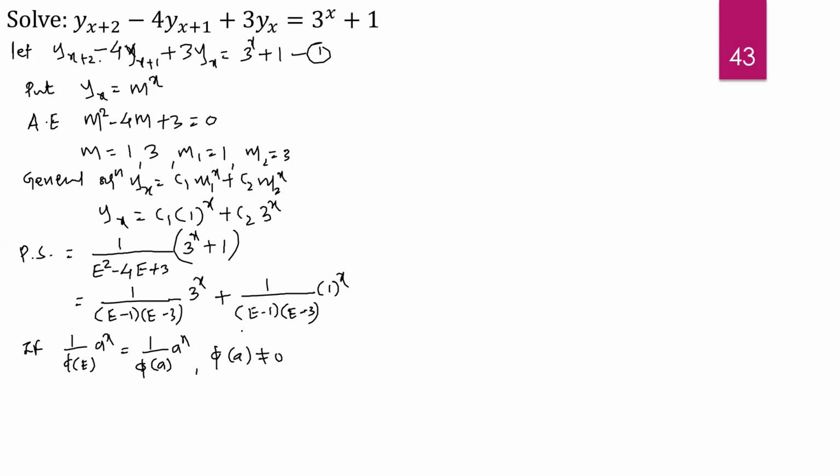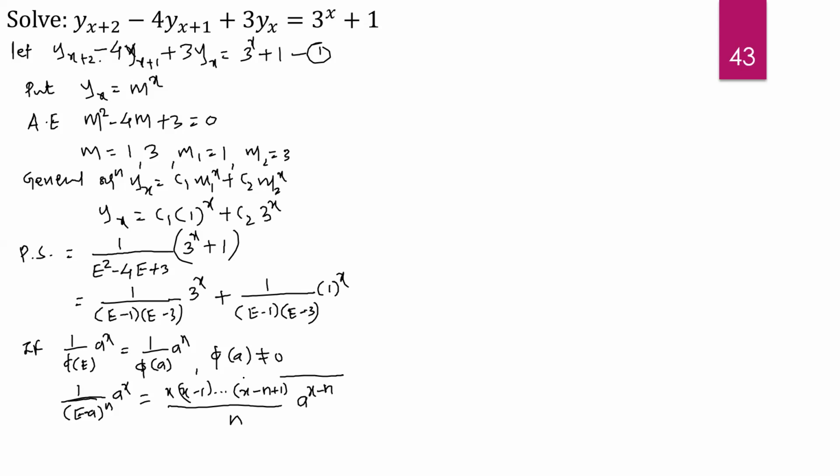So we have another formula for this. 1 upon E minus a raised to n, applied on a raised to x, is x into x minus 1 up to x minus n plus 1, divided by n factorial, and a raised to x minus n.